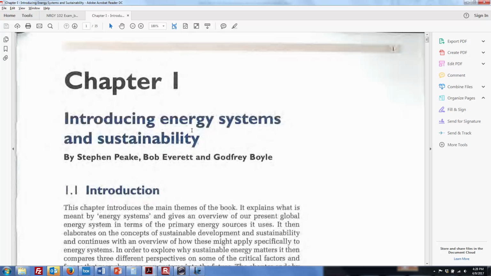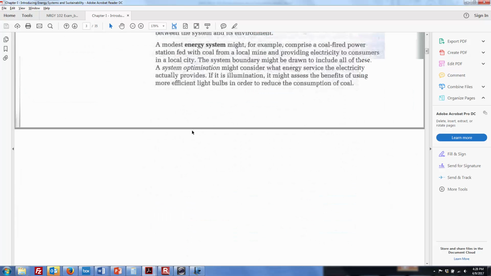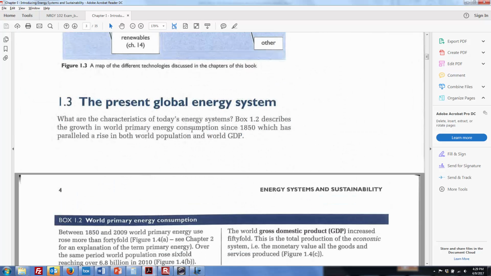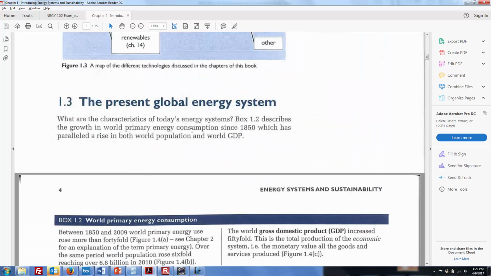Energy and Sustainable Systems. This is chapter 1. So this is world primary energy consumption.